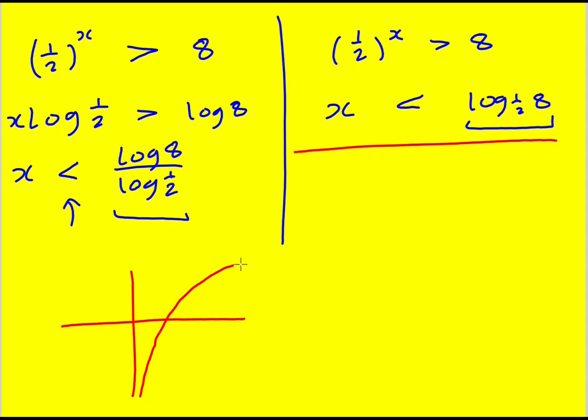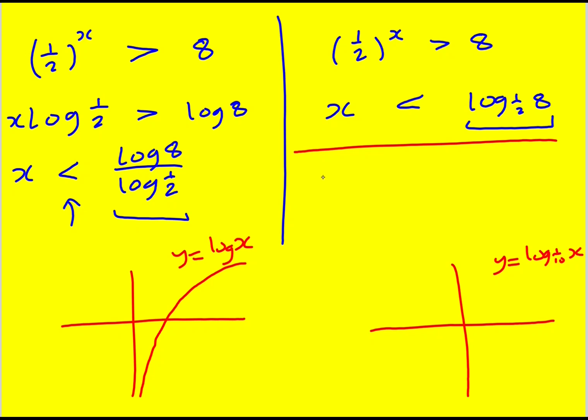So log to base 10 will look a little bit like that. That is y equals log to base 10, so log x. Now I'm going to compare this with y equals log to base 1 over 10 of x. I've just done the reciprocal of the base.